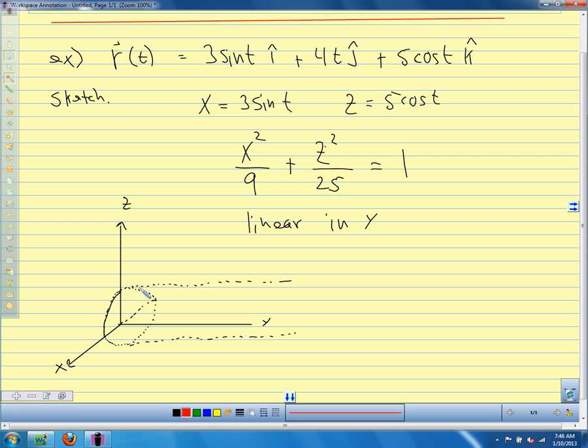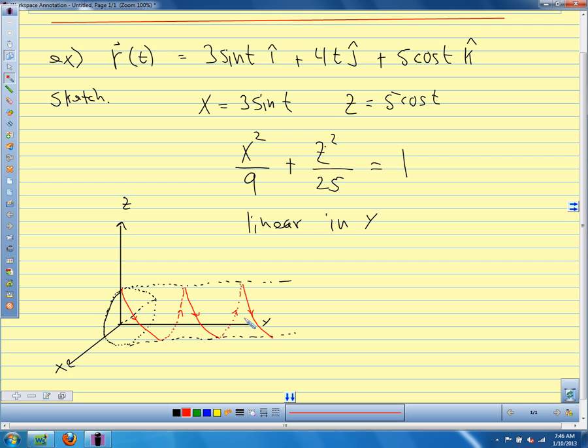It's going to do something like this, and then it'll go back around the other side, and then it's going to come around here, and back around the back side of the ellipse, and then around here like so, and continue along that way. So it's going to spiral around this ellipse. We could call this an elliptical helix.